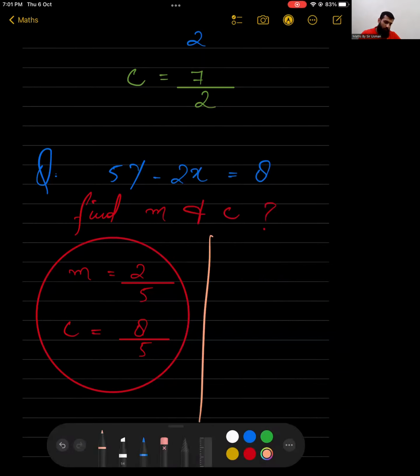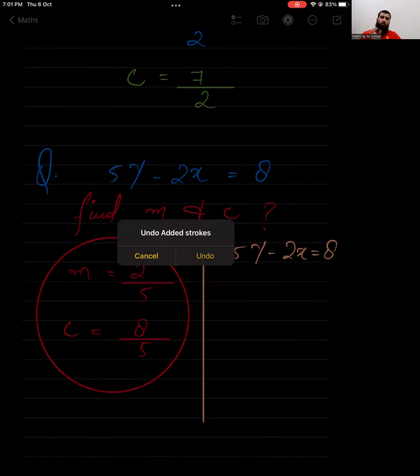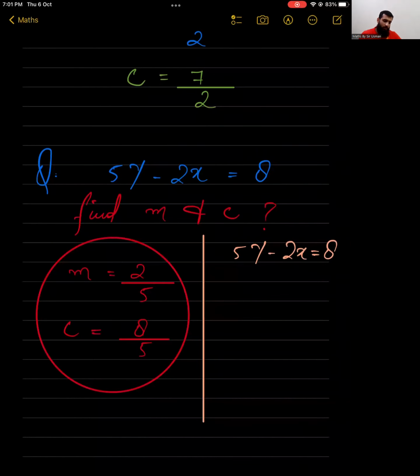So we basically have 5y minus 2x is equal to 8. आपने सबसे पहले negative 2x को पकड़ना है और दूसरे side पर लेकर जाना. So it would be positive. 5y is equal to 2x plus 8 आ जाएगा आपके पास. Now you have got 5 as the multiplying number. You'll take it to the other side या फिर आप दोनों sides को divide by 5 भी कर सकते हैं.